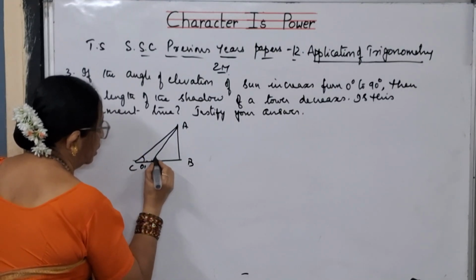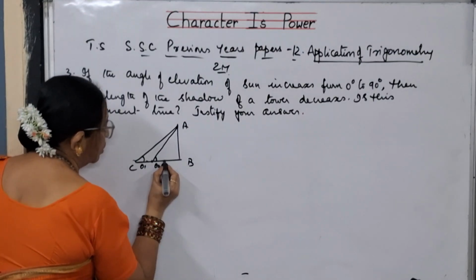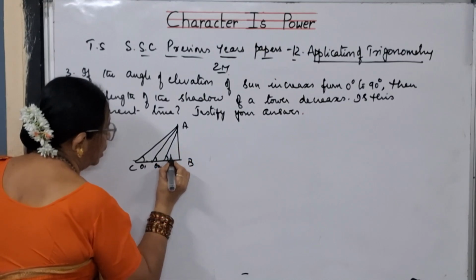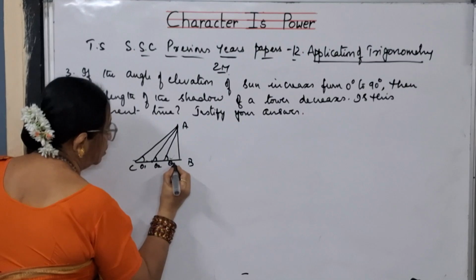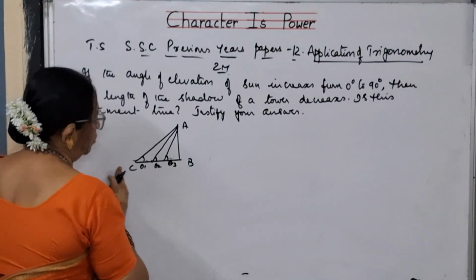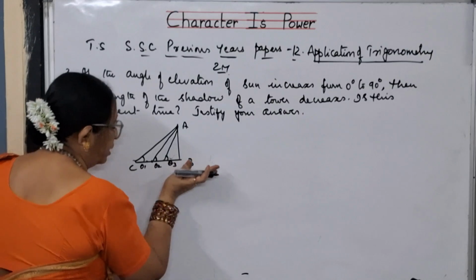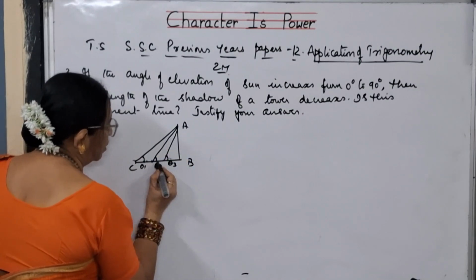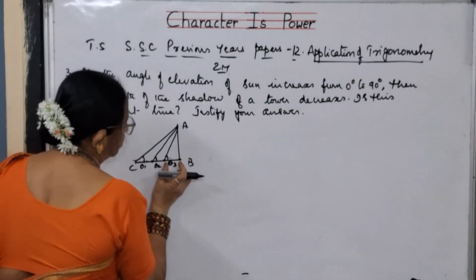Here I should take the angle as theta 2. Again, when you come here, the angle theta 3, the angle measure will increase. So as you are moving from lesser angle to greater angle, what is happening? These distances are decreasing. What are these distances?